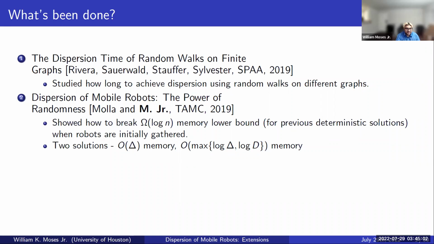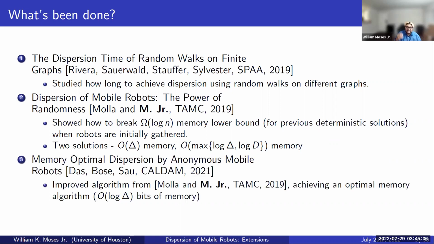We'll get into this in a bit, and we'll talk about how this was done. And the third result is a paper by Das, Bose, and Sao that was in CalDAM, that actually improved on the 2019 TAMSI paper, in that we reduced the memory from log n to something lesser, and they reduced it even further to an optimal value of log delta.